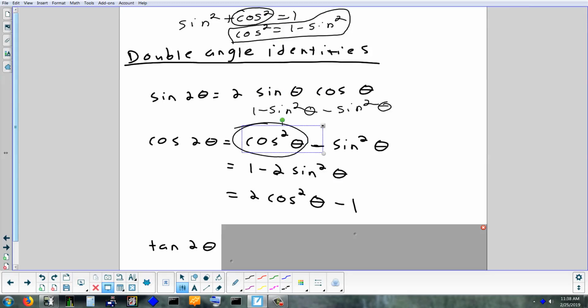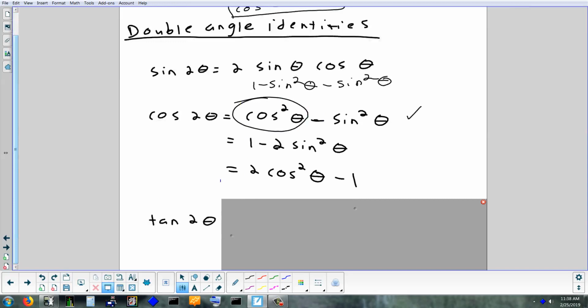Instead of for cosine, you could plug in for sine, and you get that. So with cosine, there's really 3 versions. I don't really think these two are that different, because it's really just the first one with something else plugged in. So this is the one that I always remember. And if I need a different one, I can figure it out with what Jake told me.